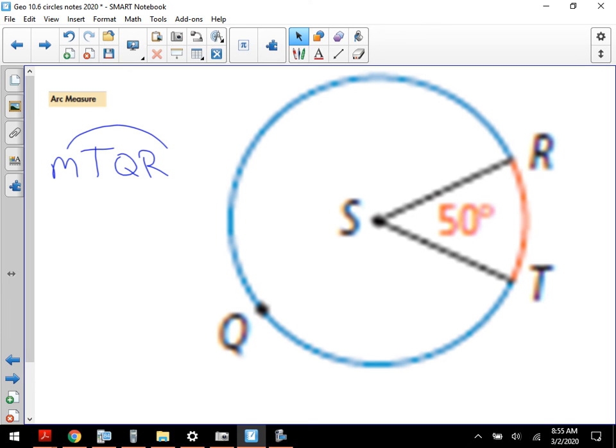Correct. Take a look at what it is. I'm trying to figure out the arc, and I'm trying to go this direction, TQR. If I know the one chunk is 50, all the way around, then it's got to be 360 subtracted. And you get what? 310.